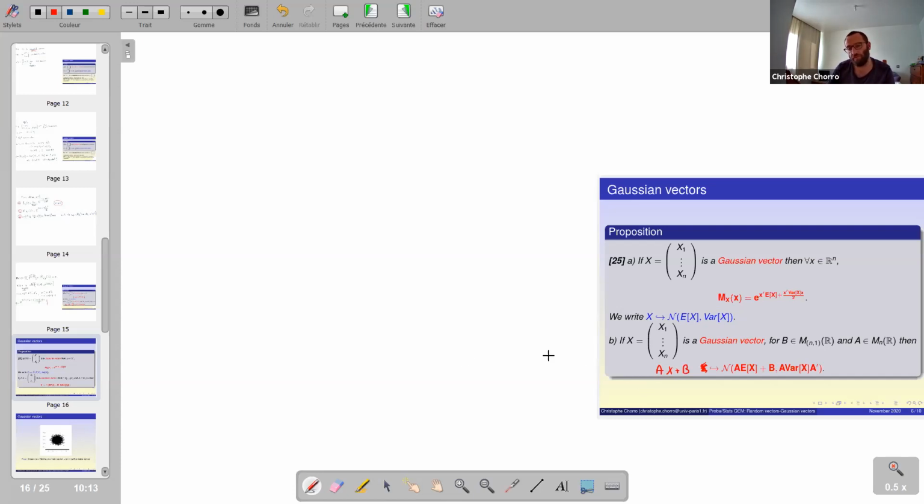Okay, so let's do the job. In order to prove that, I start from X, that is a Gaussian vector with a mean vector denoted by expectation of X and a variance covariance matrix denoted by variance of X. And I am interested in AX plus B, where B is a vector, not a random vector, but a vector of n lines, 1 column.